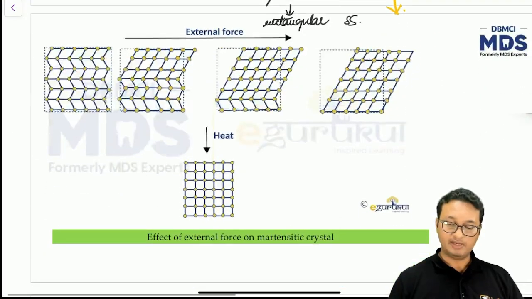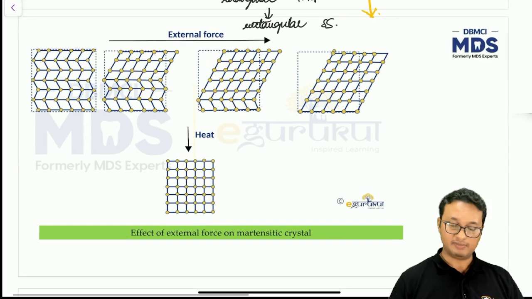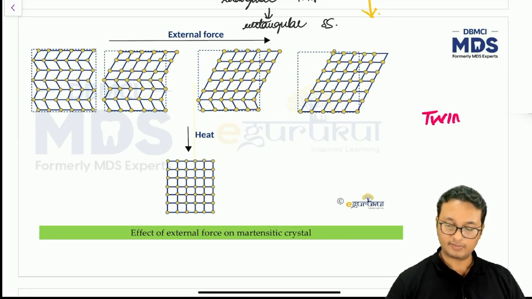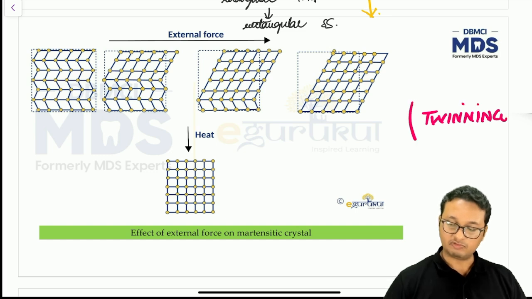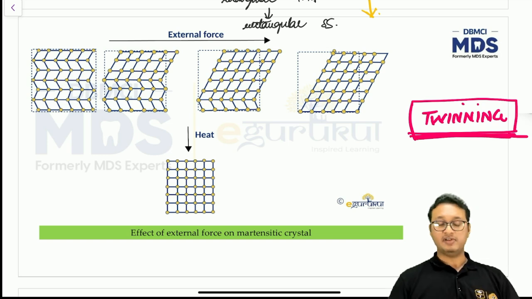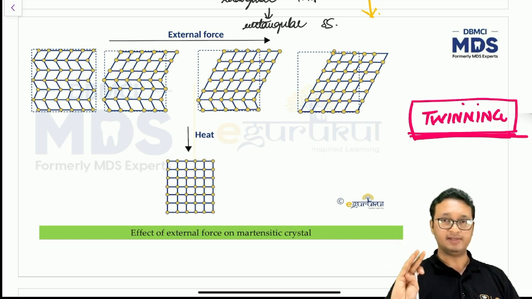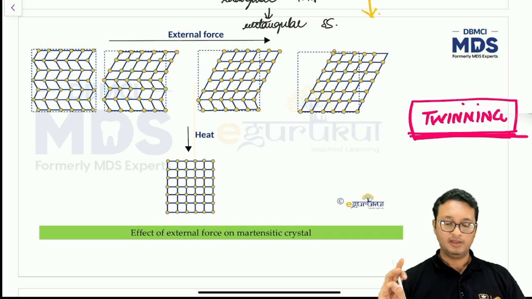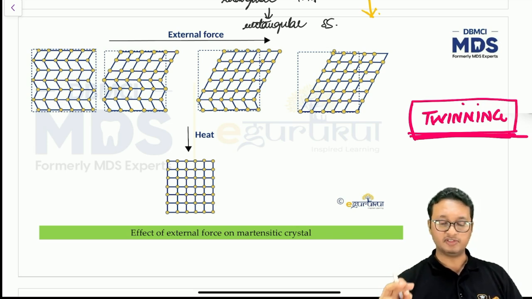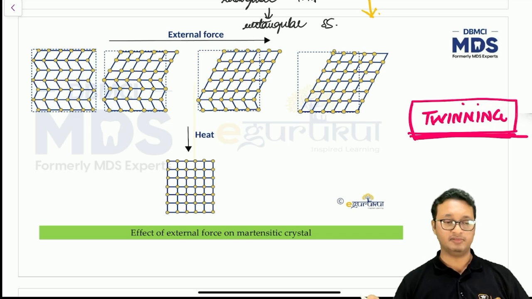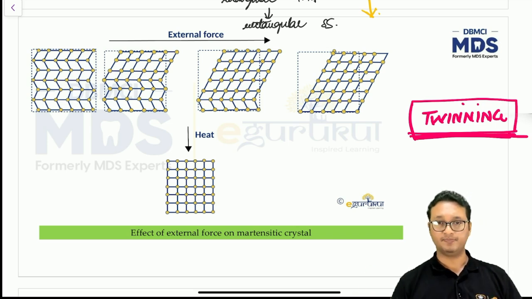Now, a peculiar characteristic of nickel titanium is something called twinning. What is twinning? It's a phase transformation which occurs at the molecular level. Nickel titanium is available in two forms: austenitic nitinol and martensitic nitinol. Austenitic nitinol is the one which is present just like that, when there is no external force acting on it.